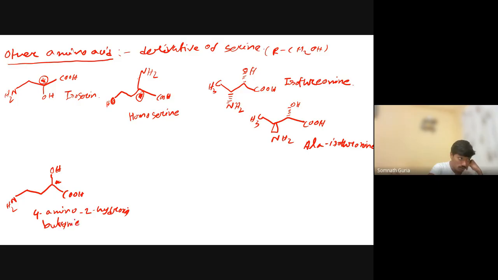This is carbon 1, this is carbon 2, this will be 3, and this one will be carbon number 4. So 4-amino means the amine is connected to carbon number 4, and 2-hydroxy means the hydroxy group is connected to carbon number 2 of butyric acid. That is the name.